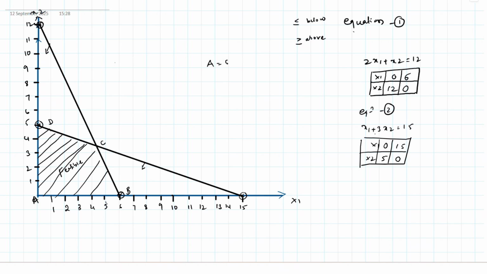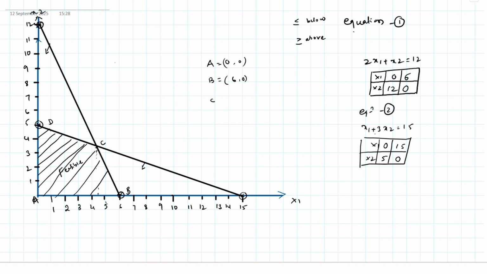For the A corner, the coordinates are 0 comma 0. For the B corner, the coordinates are 6 comma 0. Now for the C corner, you glance once again at this and make a perpendicular line here.